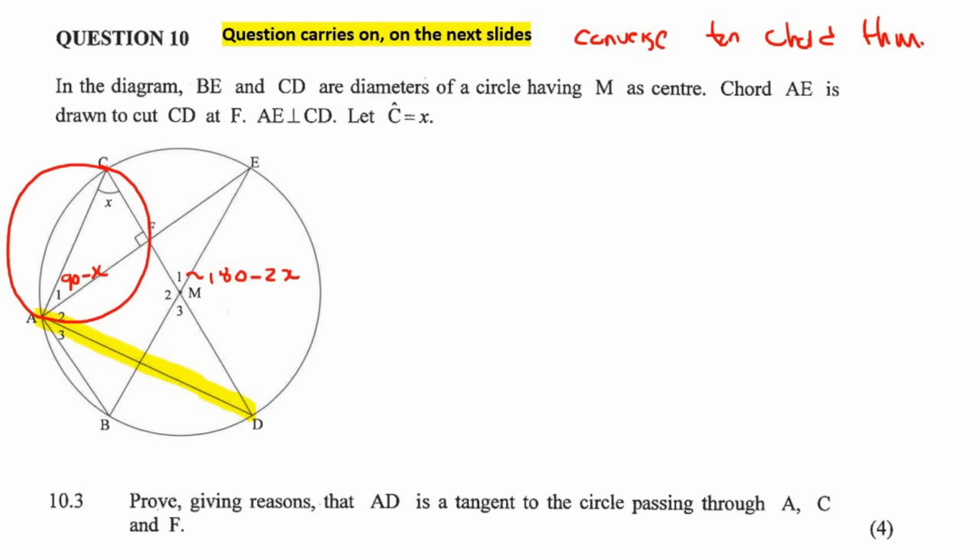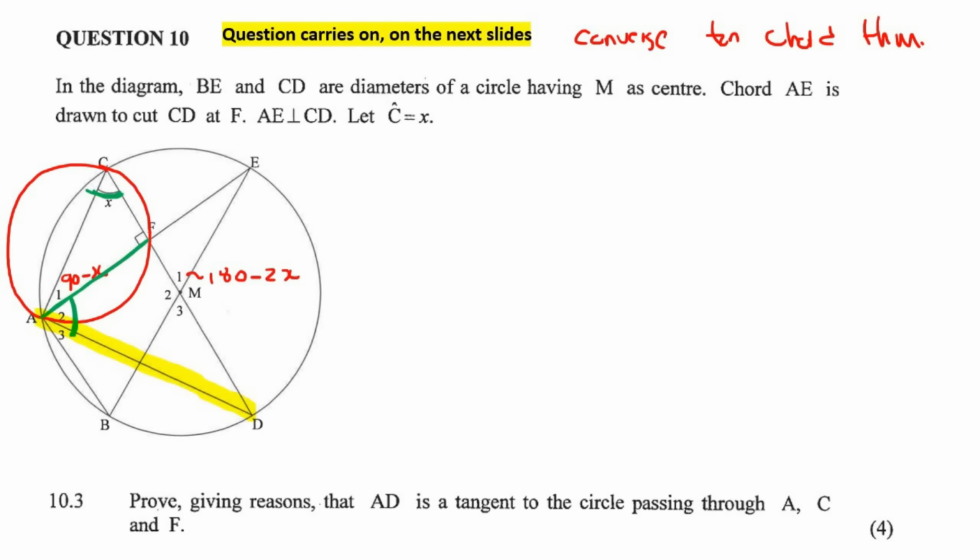So what we do is we look at this tangent that they're saying is supposedly a tangent, and we look at the circle, and we look at this chord, and now we try to pretend that the tan chord theorem is going to work. So if the tan chord theorem did work, we'd know that this angle over here, which is angle A2, must be the same as angle C. That is what we need to prove.